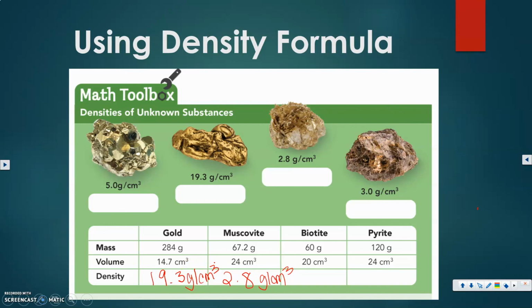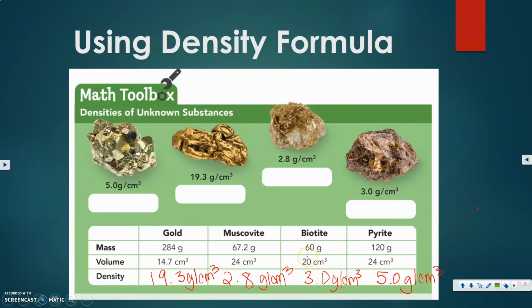And then if you did 60 divided by 20 for biotite, you got 3.0 grams per centimeter cubed. They never make these boxes big enough for me. And then for pyrite, you do 120 divided by 24, and you get 5.0 grams per centimeter cubed.